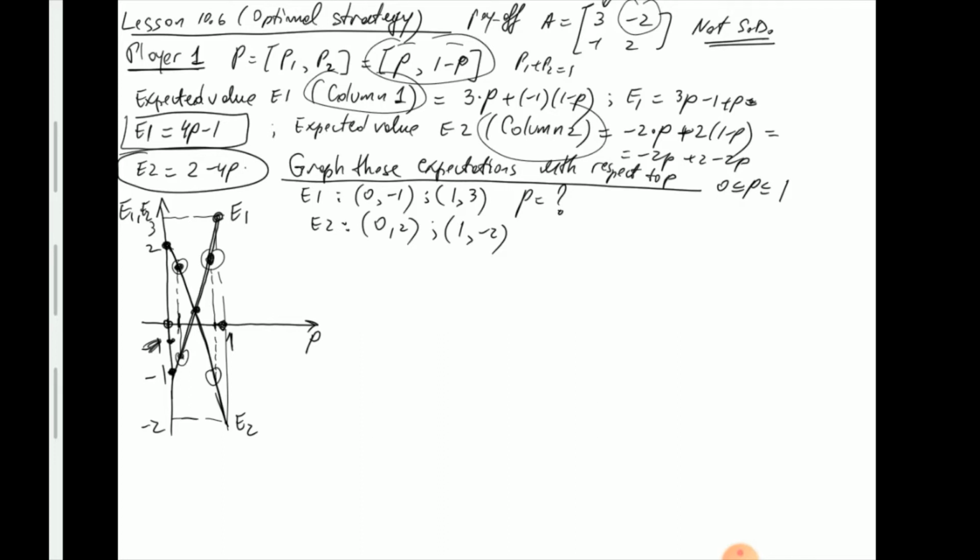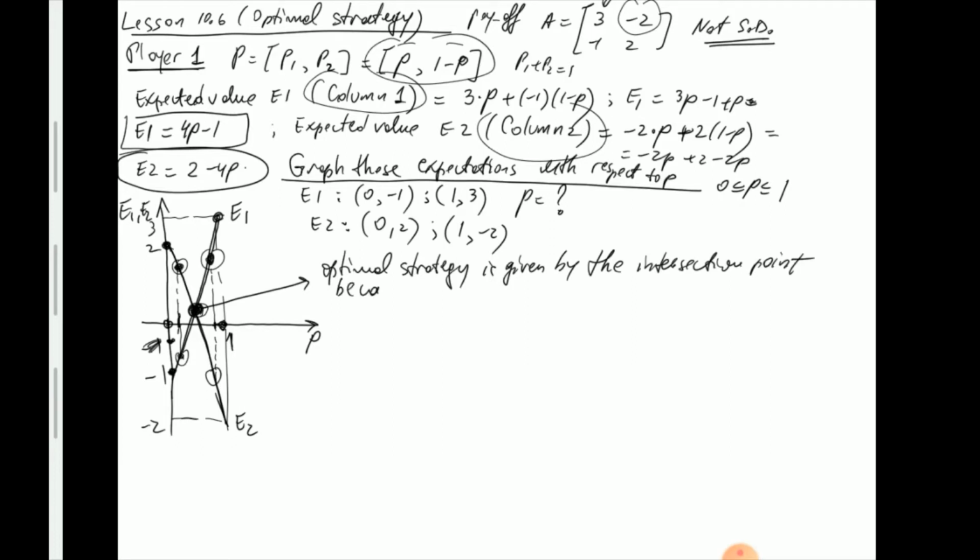So there is this intersection point, the sweet spot in between, in which no matter what the opponent does, that won't affect your payoff. So the optimal strategy is given by the intersection point, because it is not affected by opponent choices.